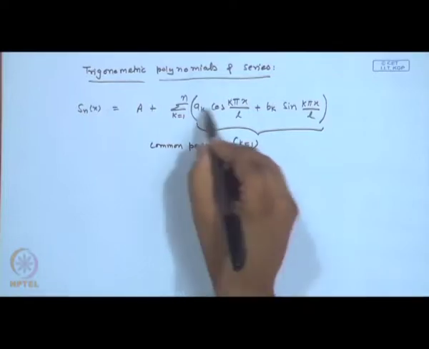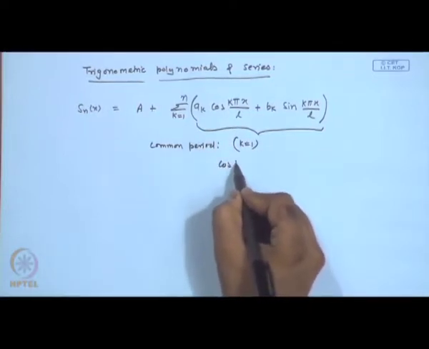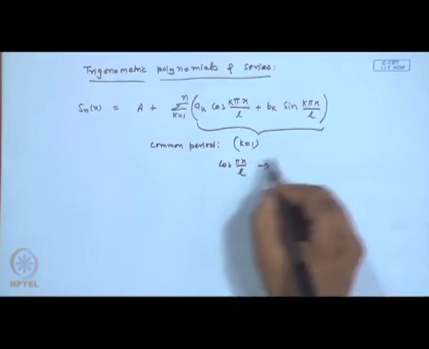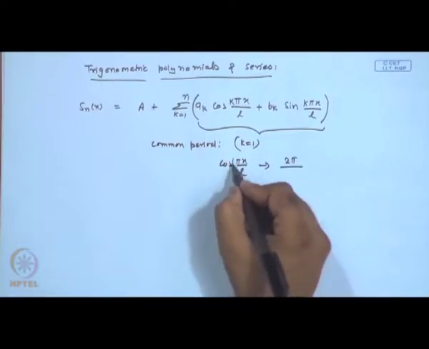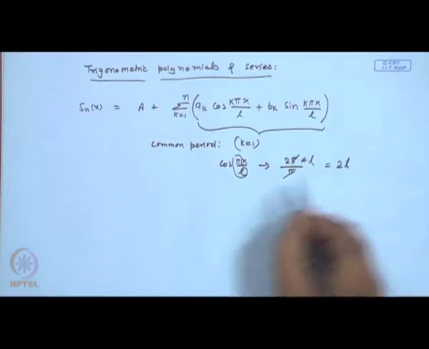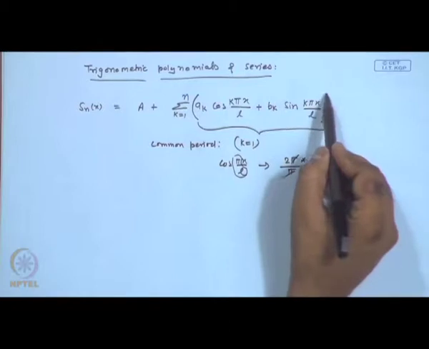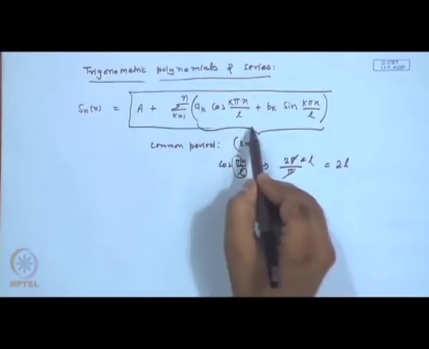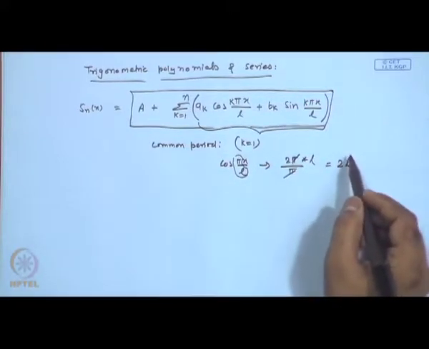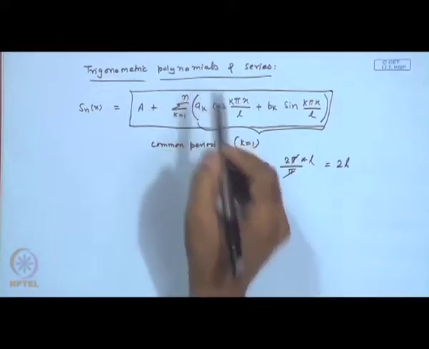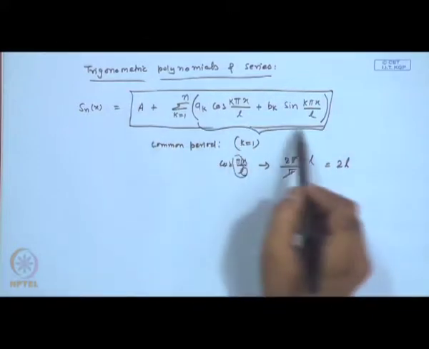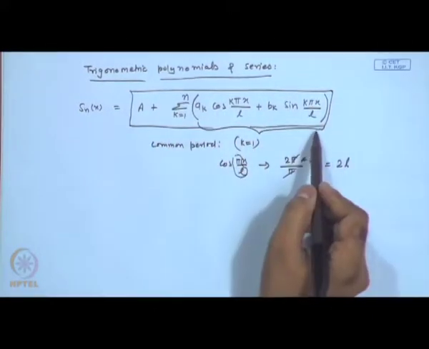So, we get cos(pi x over L) and sin(pi x over L), and here the period is 2 pi over pi over L, so we have 2L. So, this sum represents a function of period 2L. However, if we keep on increasing this n, this will still represent a function of period 2L.